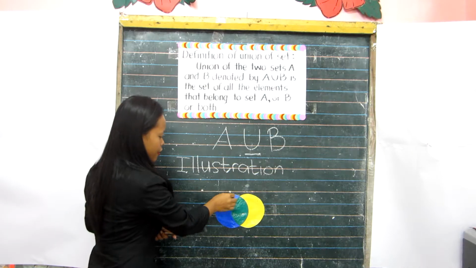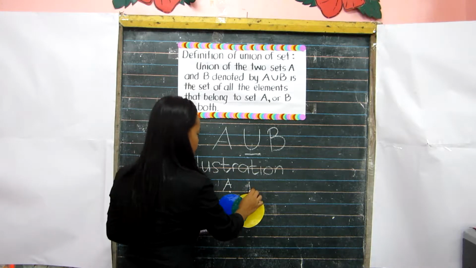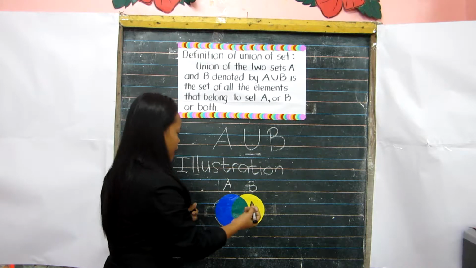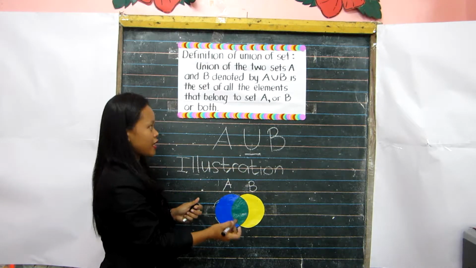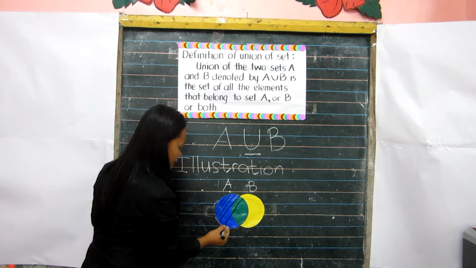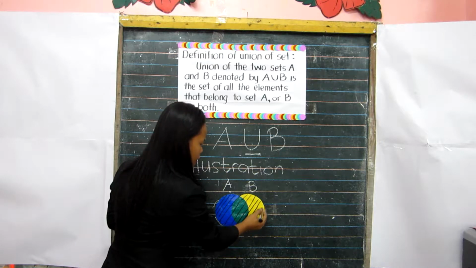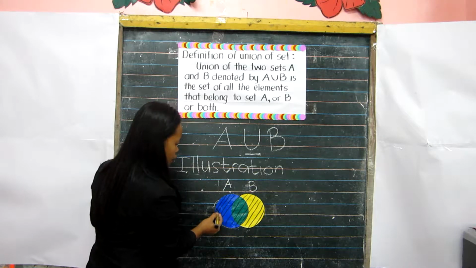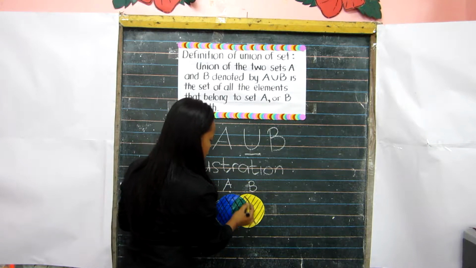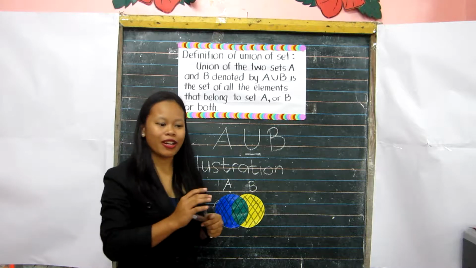We set this circle as our set A, and the other circle is our set B. By the definition, we can illustrate the union of two sets by this, since the union of two sets is basically the combination of the elements in set A and the elements in set B. So, let's proceed to our examples.